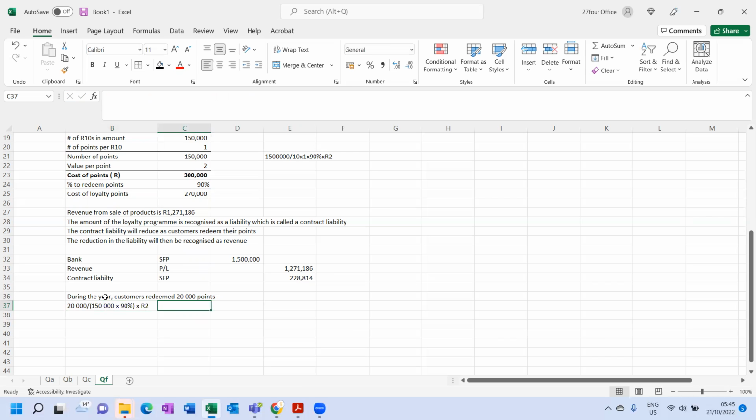So we take that price over there, which is 228,814. That is what we will recognize now as revenue.